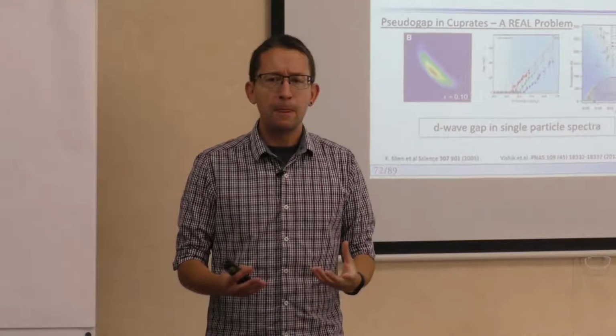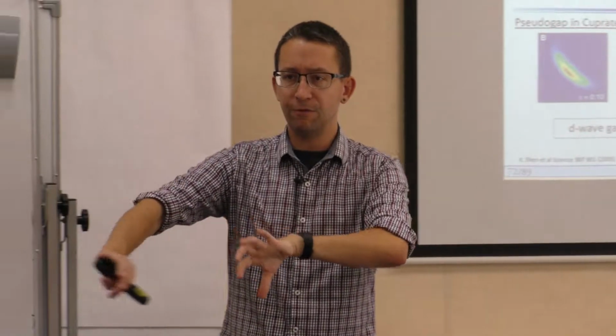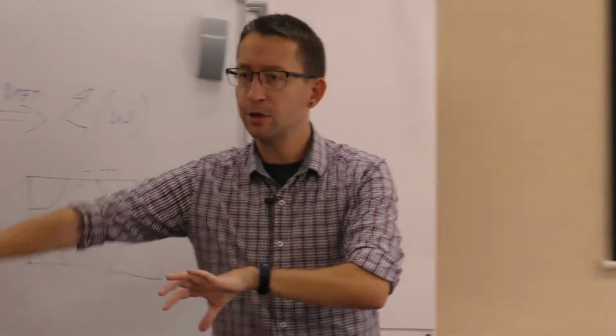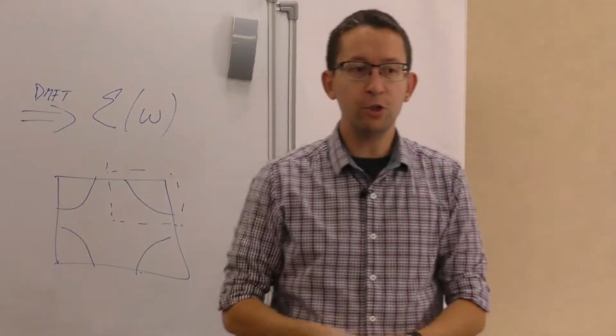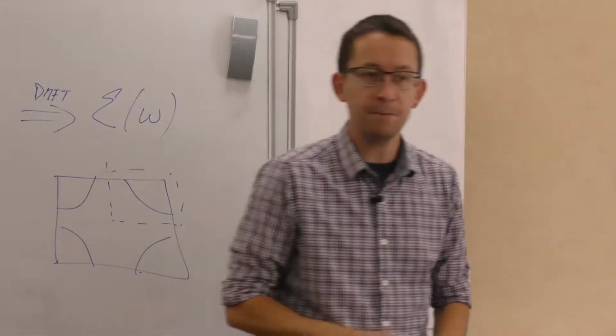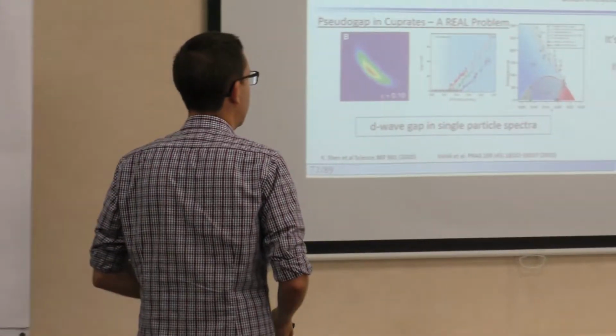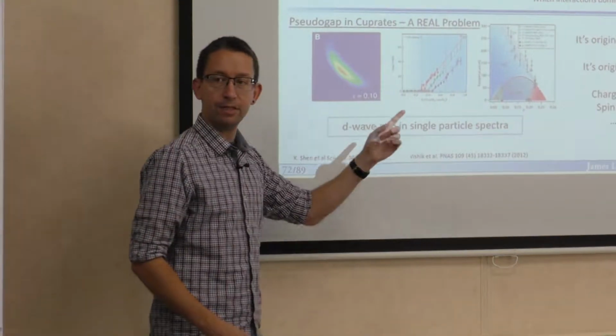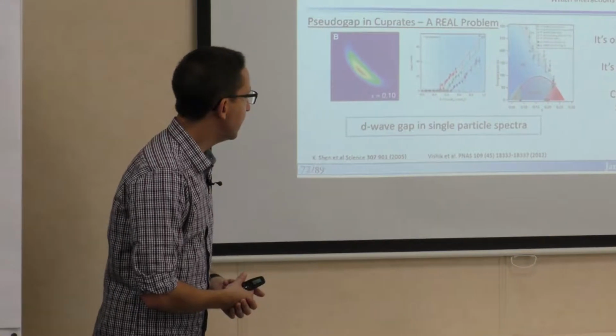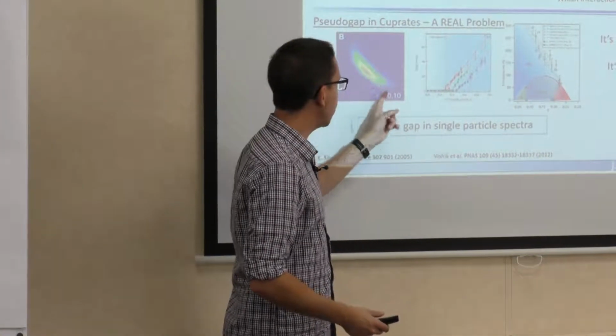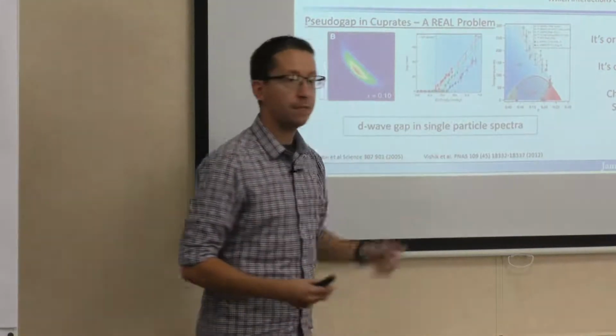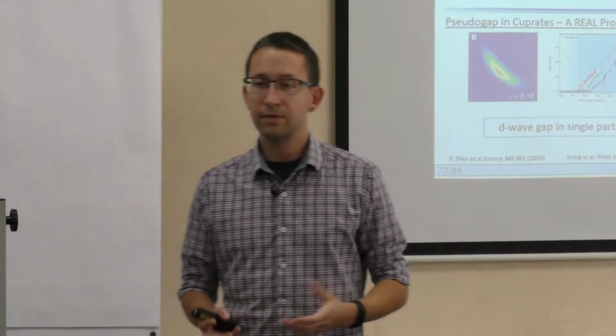So it's like a somehow momentum selective insulator. Like over here, it's insulating. So electrons don't move in certain directions in k-space, right? They're not allowed. They only flow on diagonal directions. And they can actually go ahead and plot the amplitudes of those gaps, and they find that they're D-wave-like.